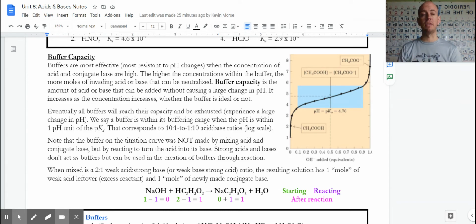Initially, we highlighted all of those features without knowing or recognizing that a solution that has an acid and conjugate base is a buffer. So in a titration involving a weak acid or a weak base, not only are we neutralizing, we are also making a buffer and creating a solution that can buffer for a certain amount of time, or really better said, a certain amount of solution.